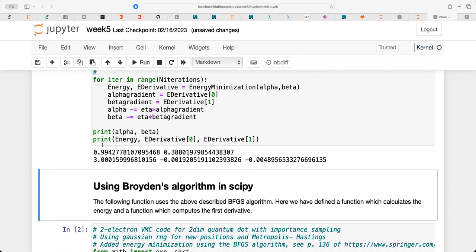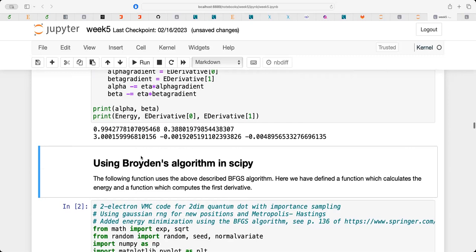Now I can do this in a smarter way. Since I have very few variables, the intensive part is the calculation of the integrals, but I can use Broyden's algorithm. This is a quasi-Newton method, which allows us to make estimates of the second derivative, and we will discuss that in detail next week, together with other methods.